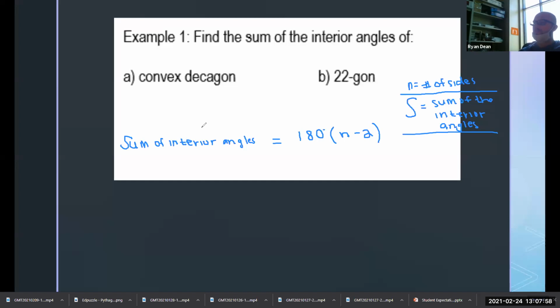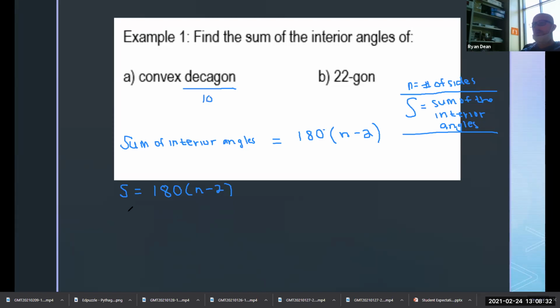All right, so just like we always do, the next step would be to take what we know and plug it into our formula here. For part A, the sum of the interior angles is going to be equal to 180 degrees times n minus 2. In this case, we have a decagon, that's 10.